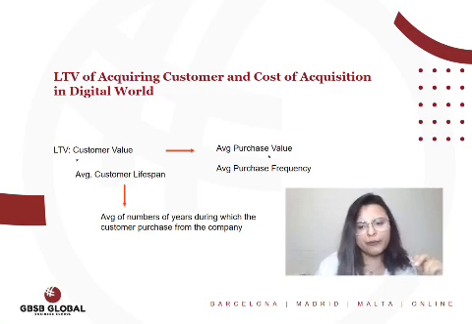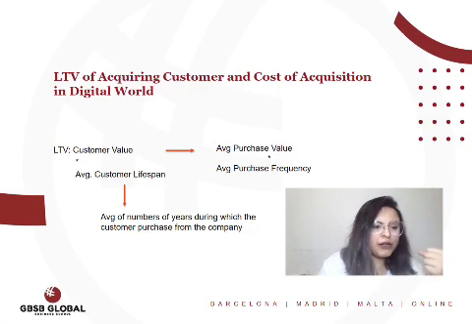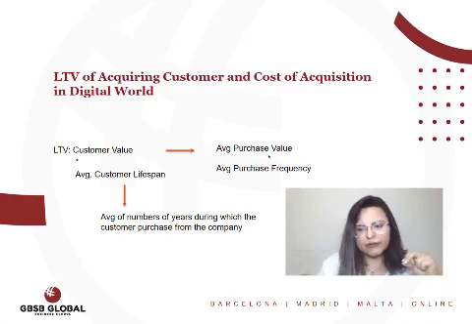So when we calculate the customer value and the average customer lifespan, we multiply those two numbers together, and we will find the LTV, the lifetime value of the customer.